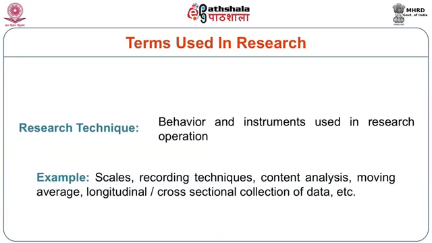There are various terms that are used in research, like research technique. What is it? The behavior and instruments used in research operations. For example, scales, recording technique, content analysis, moving average, and so on and so forth, they are termed as research techniques.